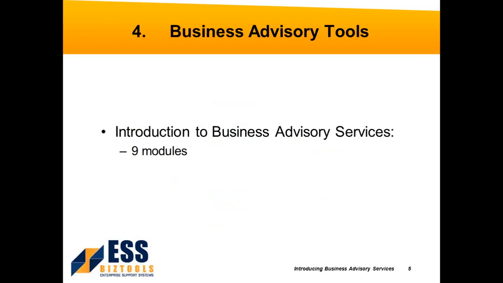So within business advisory services there are 9 modules to help an accountancy business prepare to offer business advisory services. This covers some work that would be done with the partners of the firm, but then very importantly the team within the firm, making sure that they're ready to offer business advisory services, that they're prepared to do the extra reading, the extra work, to develop a broader commercial knowledge of what's going on in the marketplace, because this is very important if they are going to be able to offer business advisory services.